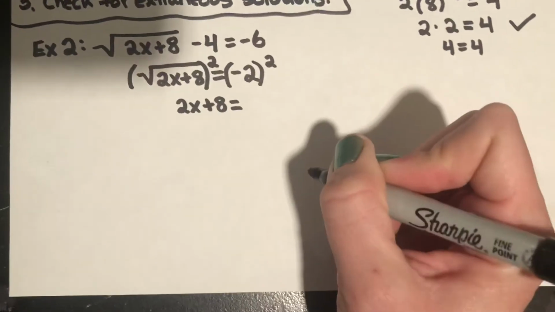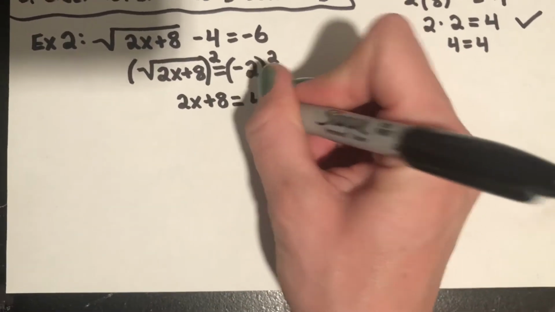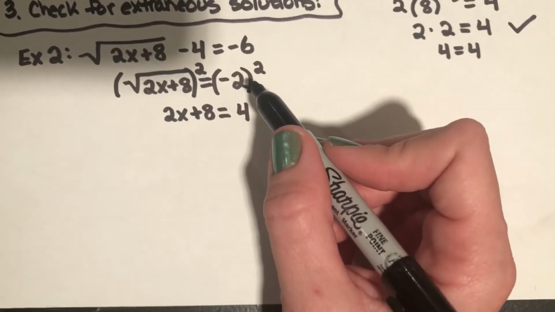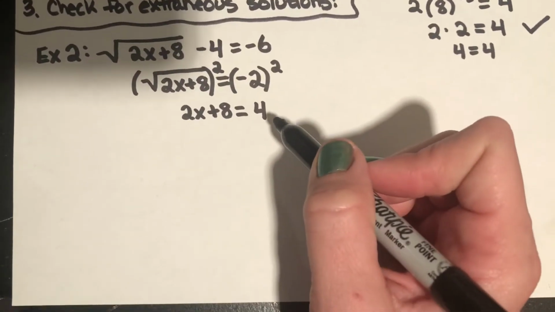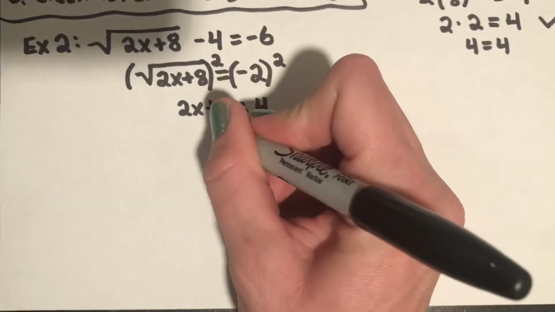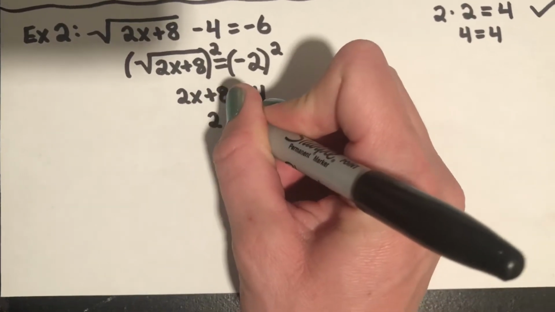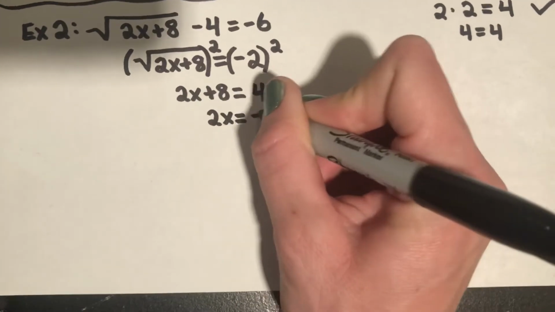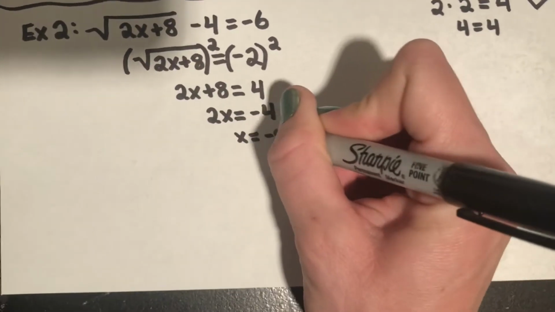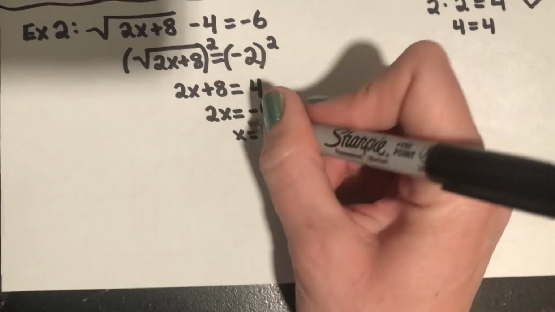And this is going to equal +4. Remember, a negative value squared is really -2 times -2, and that produces a +4. Next, we solve. So we subtract 8 from both sides. 2x is going to equal -4, and we get an answer of x equals -2.